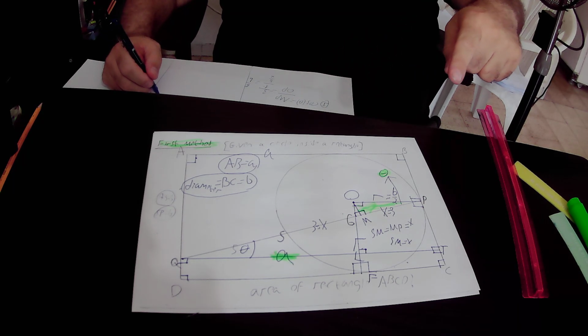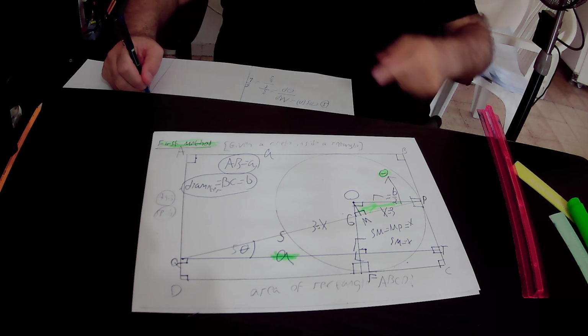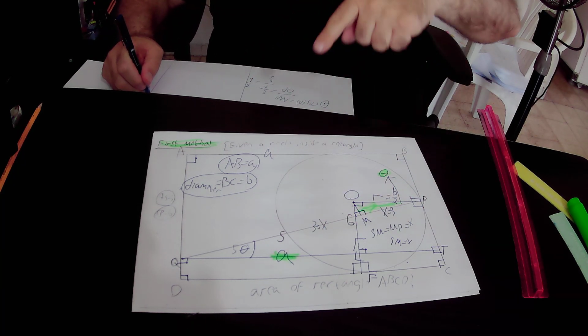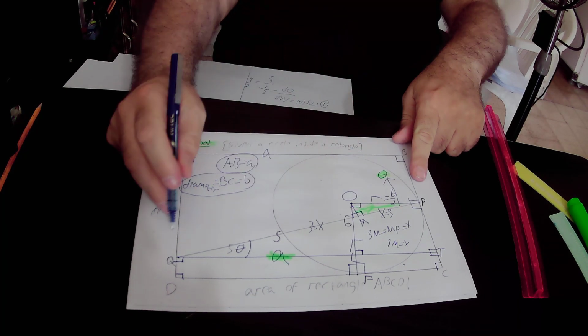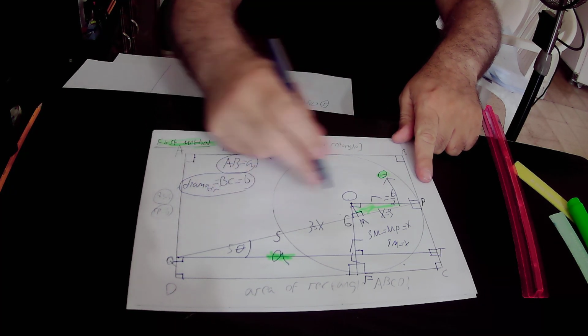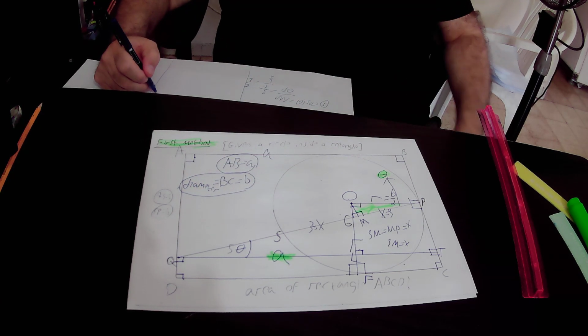We have already found out that QT equals A, so we substitute QT by A. What is the value of QP? QP equals 5 plus 6, that is 11, so we substitute QP by 11.